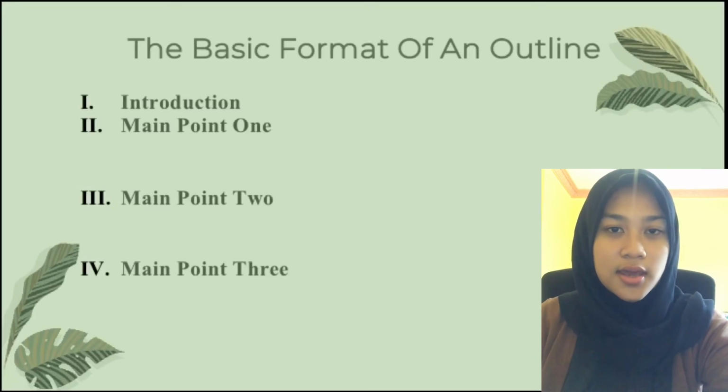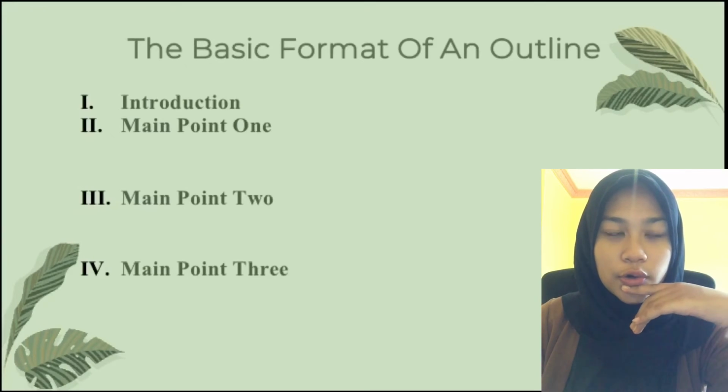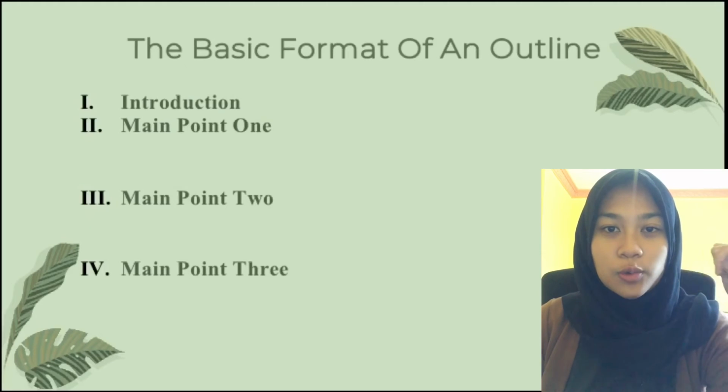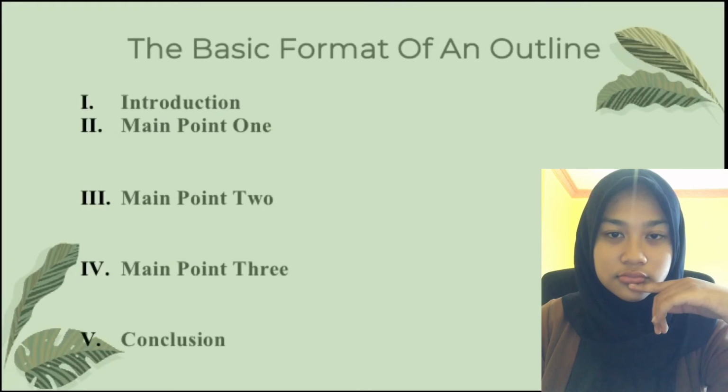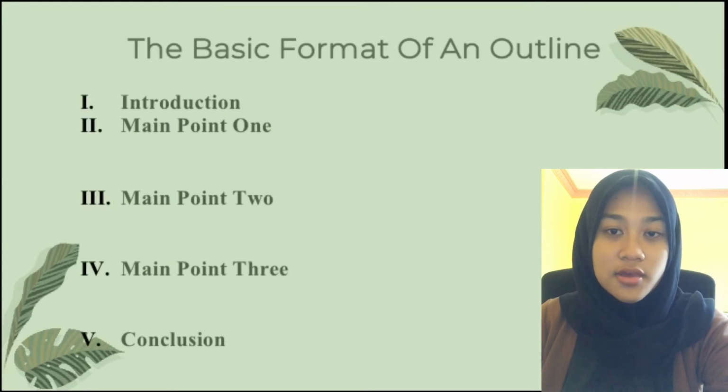You just add them into your outline, and you always finish with your conclusion. So this is the basic outline of any paper, as you know: introduction, main ideas, conclusion. Now I want to go back into the outline.